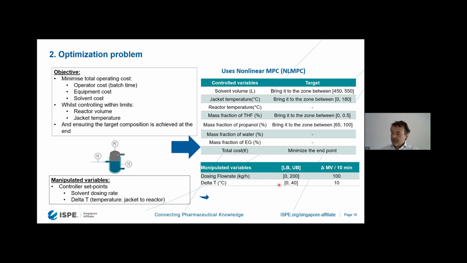So you can see we have a maximum change in flow rate or temperature per 10 minutes. So this makes sure we don't get dynamics in the manipulated variables that are too fast.